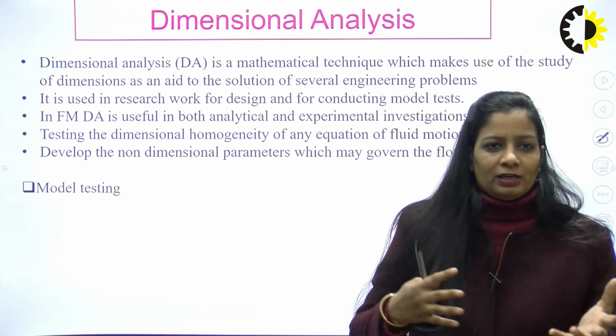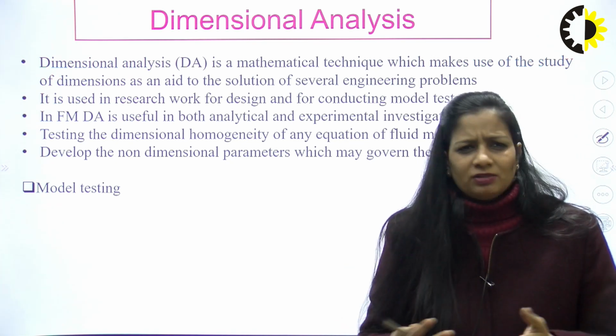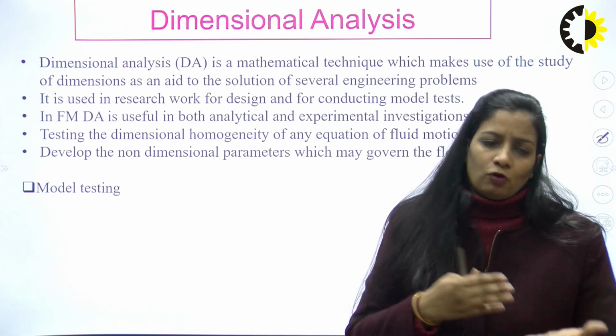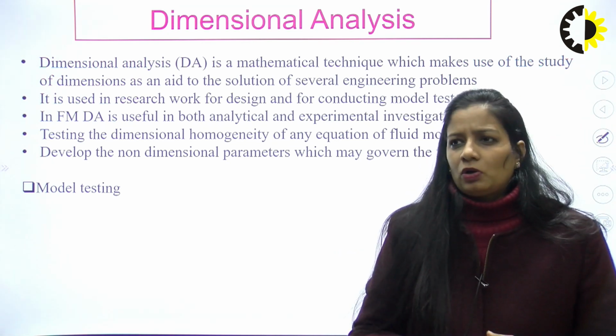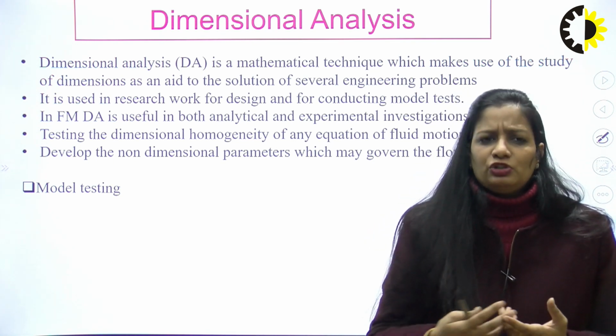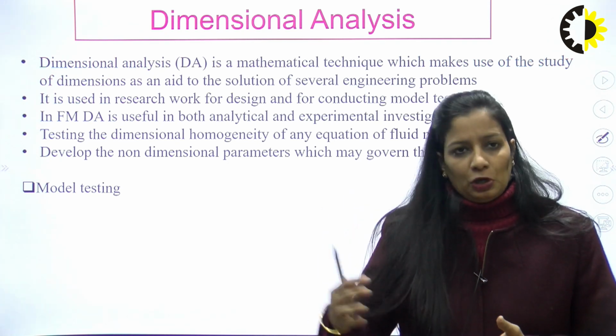Variables may be flow variables like velocity, acceleration. Many types of variables are there: some depend upon flow property, some upon fluid property, and some upon geometrical property. So there are many kinds of variables in a particular phenomenon.